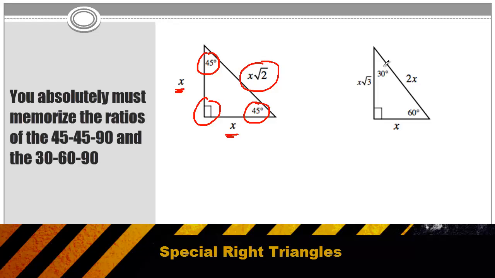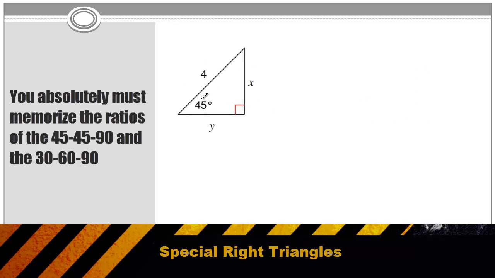In a triangle where the angles are 30, 60, and 90 degrees, your shortest angle will open up to the shortest side. We'll call that x. Your hypotenuse is going to be twice as long as your shortest side, so we call that 2x. And the medium side is going to be your shortest side times the square root of 3.